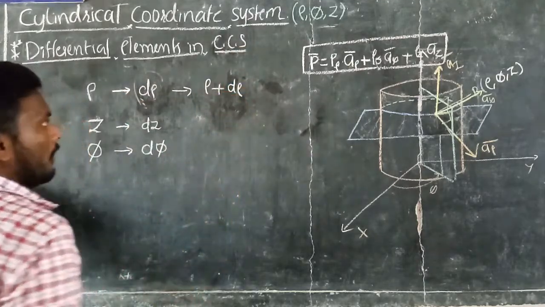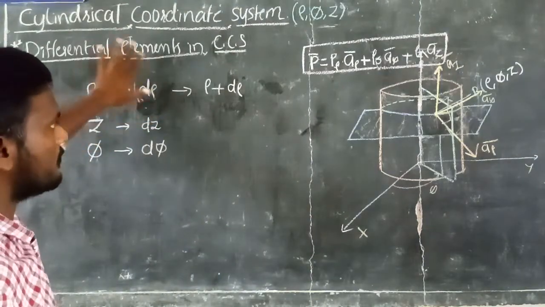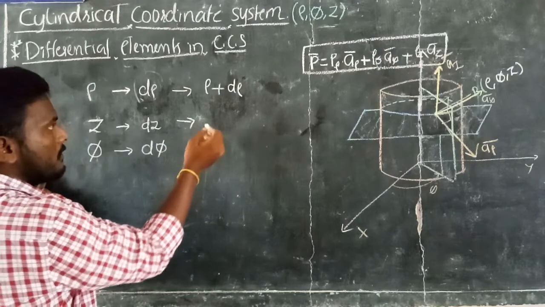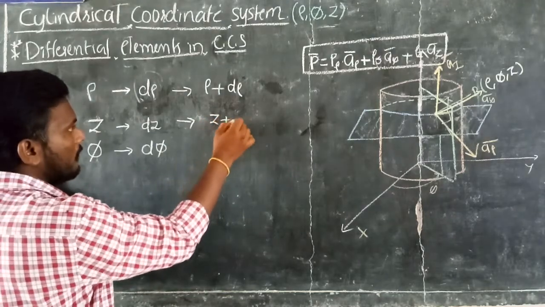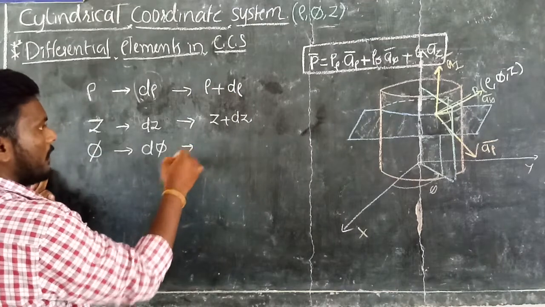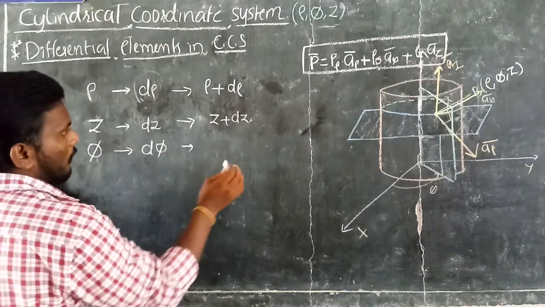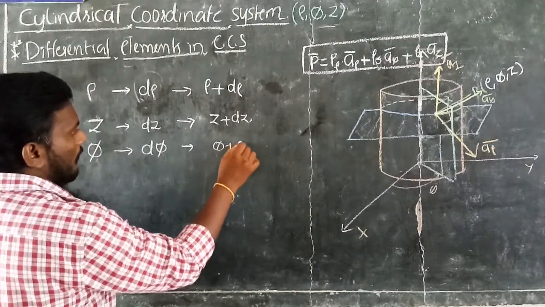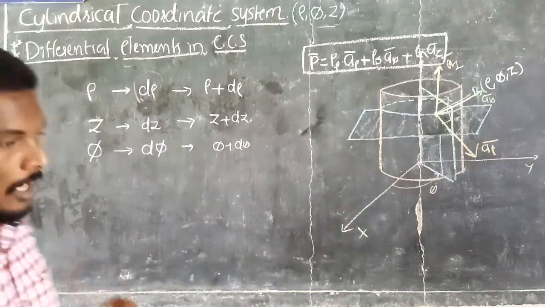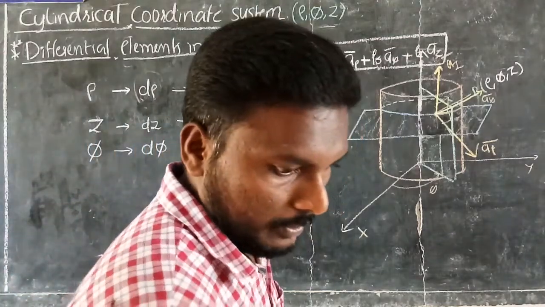What is the new radius of cylinder? It is rho plus d rho. Similarly, what is the new length of the constant z plane? It is z plus dz. And similarly it is having a new position phi plus d phi. Now see, I am drawing here.